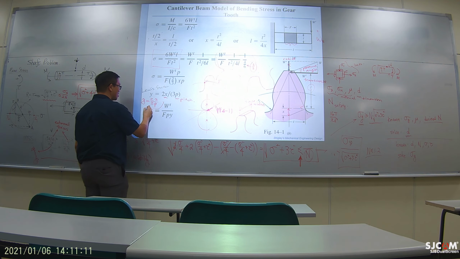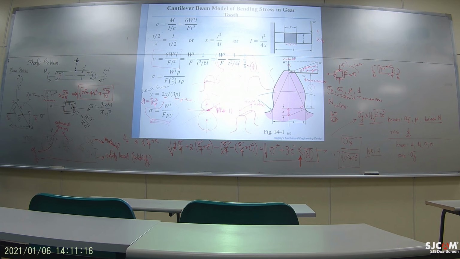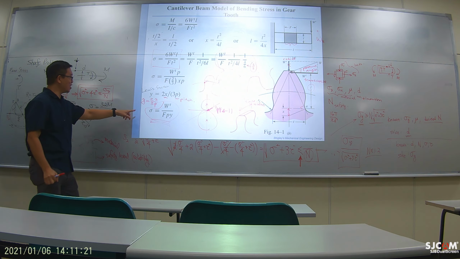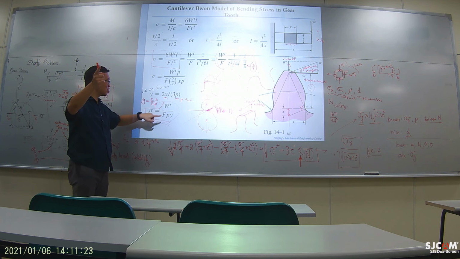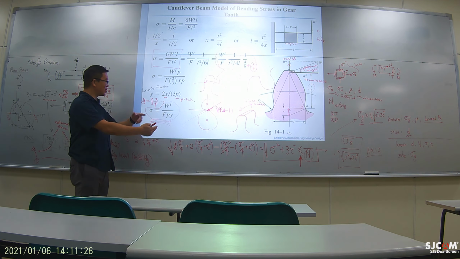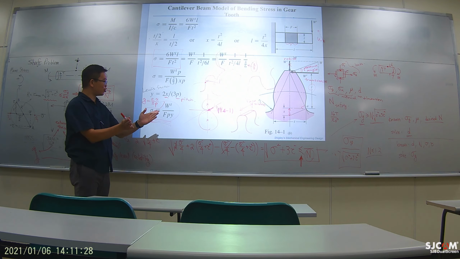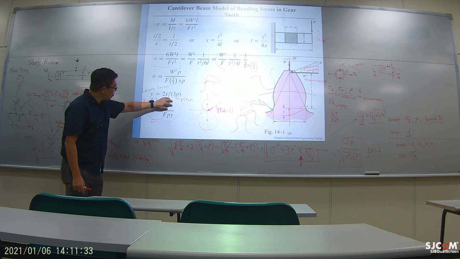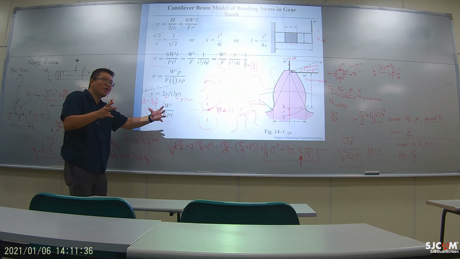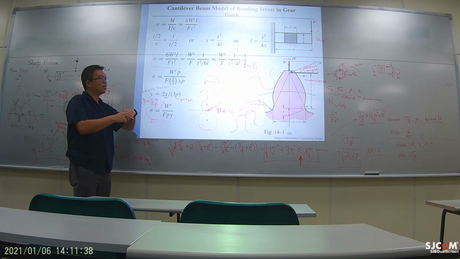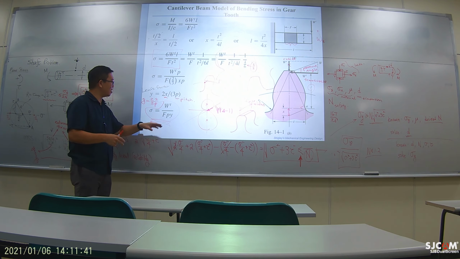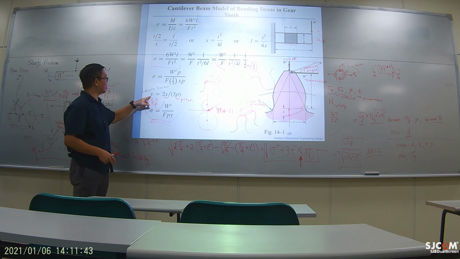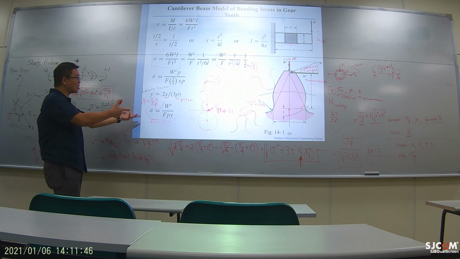So at the end, they have this very simple equation: transverse load divided by the face width times pitch times this Lewis factor. So at the bottom, it's like force over area, but the area is designed as an effective area in terms of the Lewis factor.